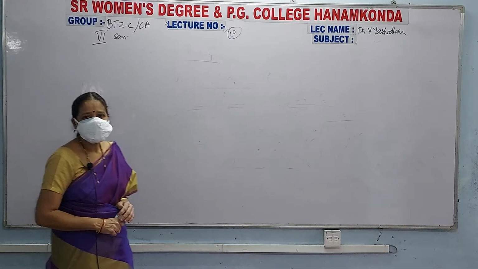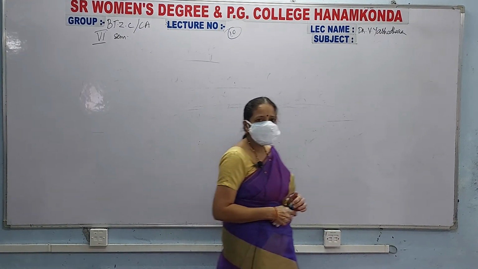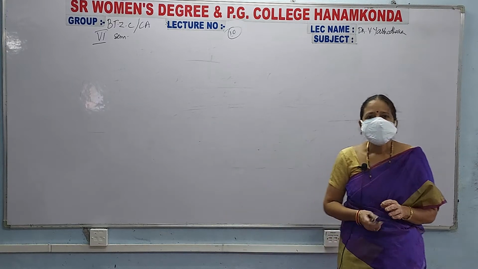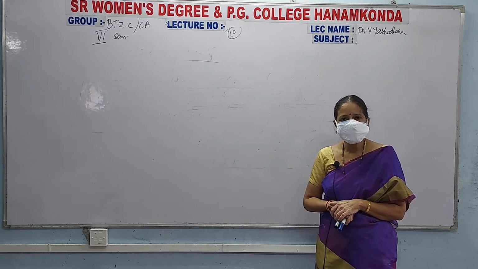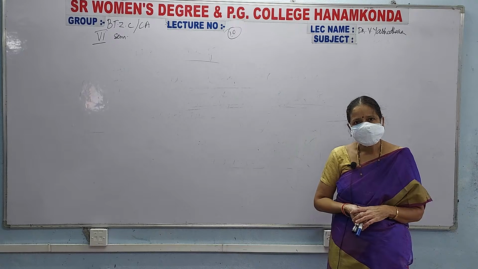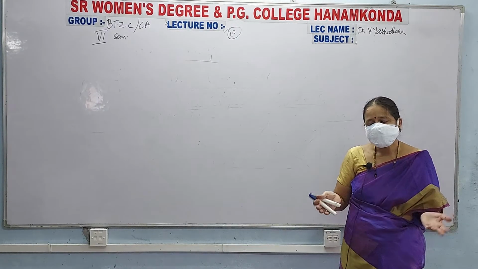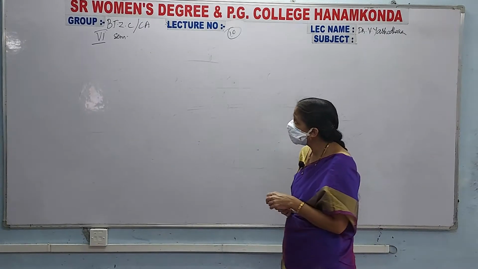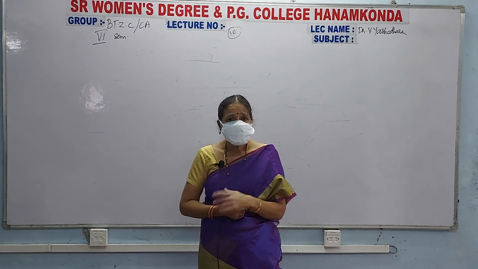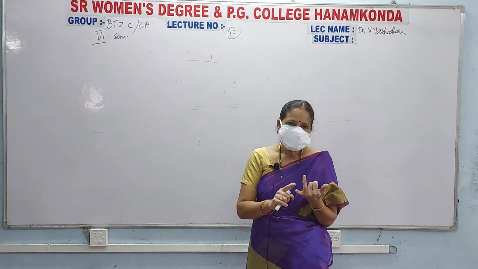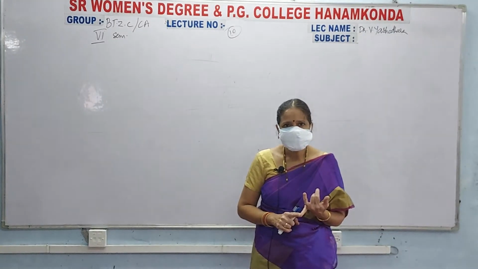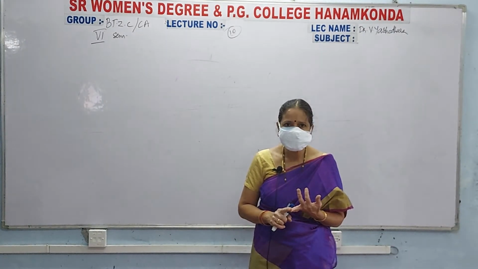Good morning, students. In the last class we have seen the first unit in your industrial biotechnology or microbial technology, whatever you may call it. They are one and the same. In that we have seen isolation of microorganisms, preservation of microorganisms.